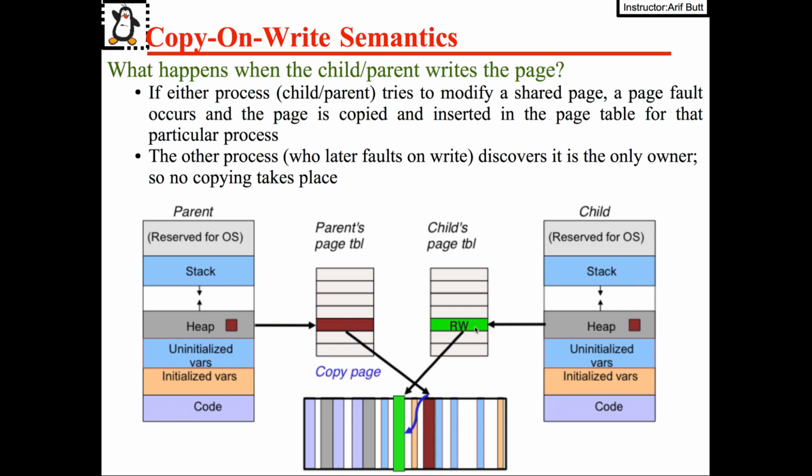When the child tries to write, a page fault occurs, and a copy of this page is created in the memory over here, and the address of this frame is placed in the page table of the child. So this way, only a few pages of the parent are duplicated for the child process, and the rest of the pages are shared. This is how fork these days is implemented, that is, using copy on write semantics.